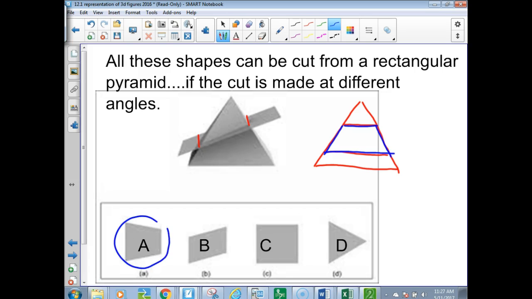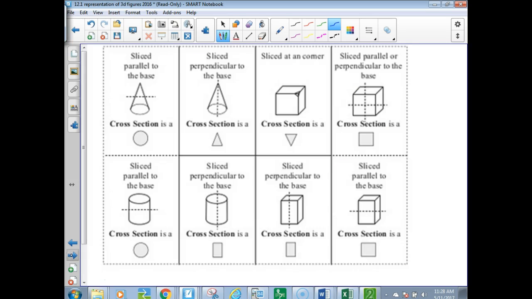So that was A. Now, it would have been C if you cut it like that. If you cut through the tip, in and out, you would have gotten D. There's a bunch of different shapes you can get out of a square pyramid. These are just some examples of ways to slice it.